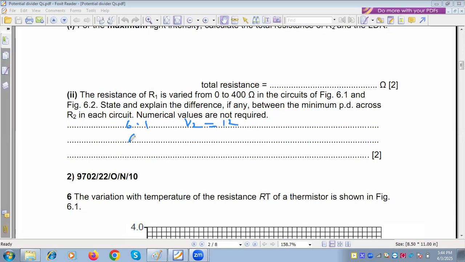In figure 6.2, V2 is less because total resistance has decreased and V is proportional to R. First, the total resistance of R2 was 600, but now it is 400. So in this case, V2 is 10 volt. So what do we say? The potential difference across R2 in each case when we compare, PD decreases.